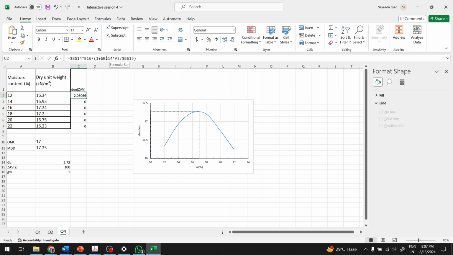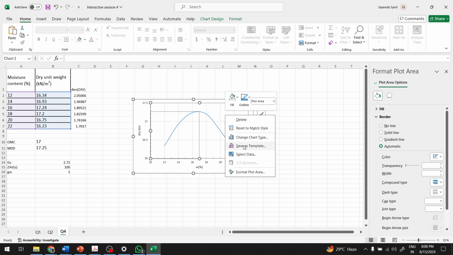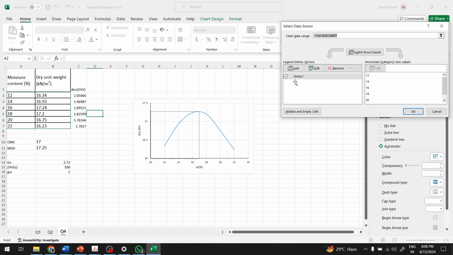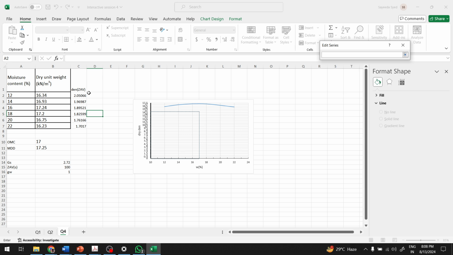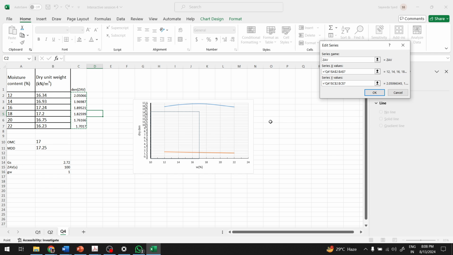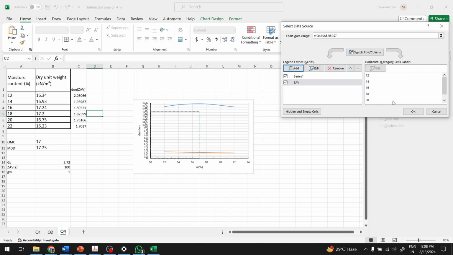Okay, gamma W has to be locked in. So let's draw this ZAV line here. X value will be this, Y value will be this.